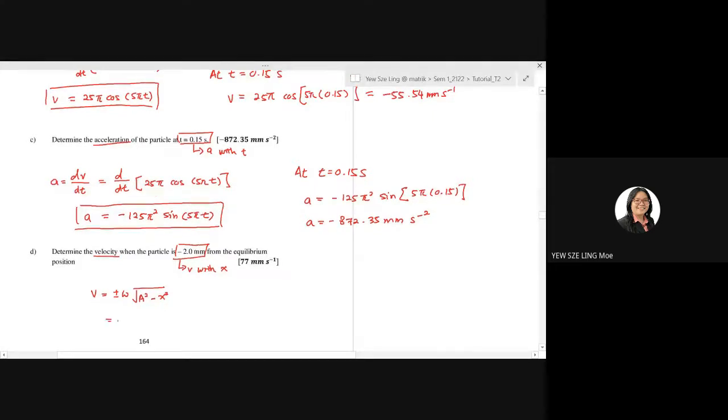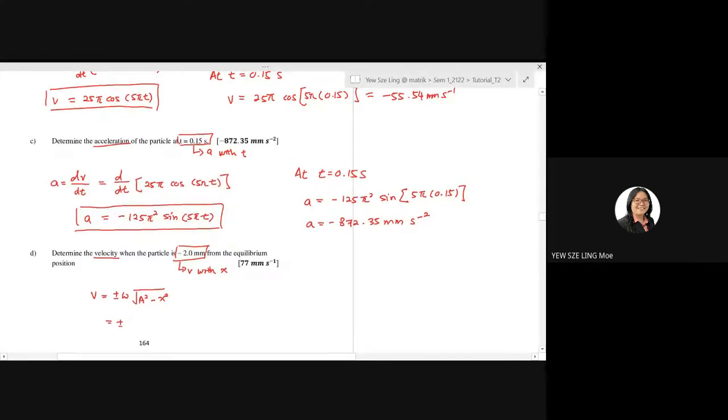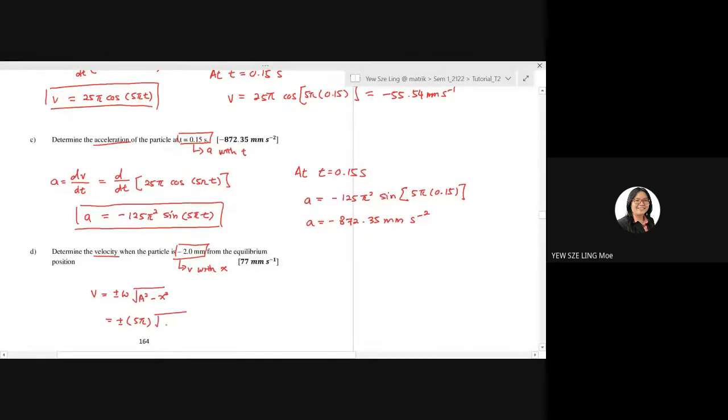So we have plus minus, omega is 5 pi, and then square root, well, the A given is 5 mm, minus negative 2 squared.